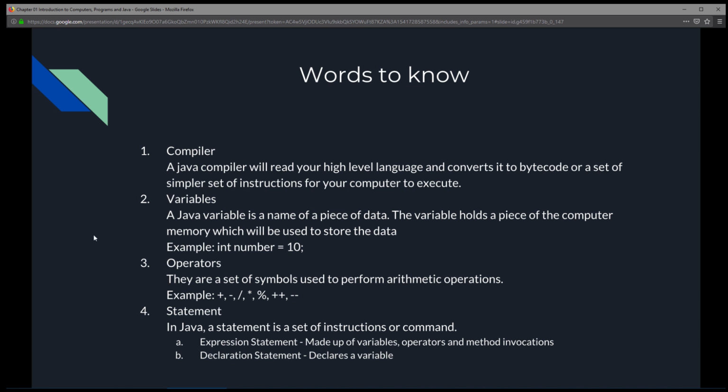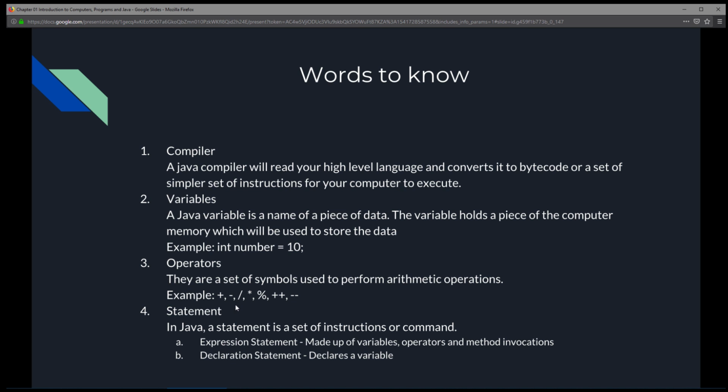Now, third, we have operators. Once again, in the second slide, we saw operators. We saw these plus, minus, divide, multiply, modulus, this plus sign, this minus symbol. In Java, all of these have a meaning. It knows that these operators, this plus sign, minus sign, divide sign, have a meaning.